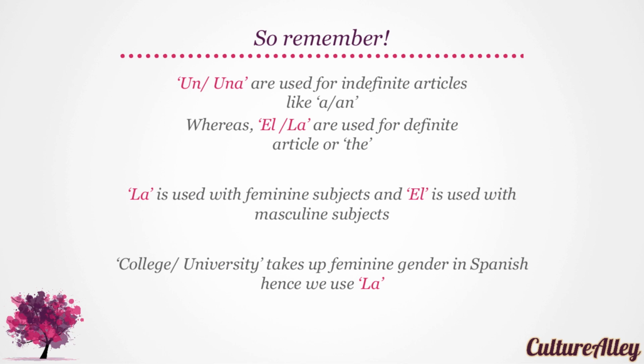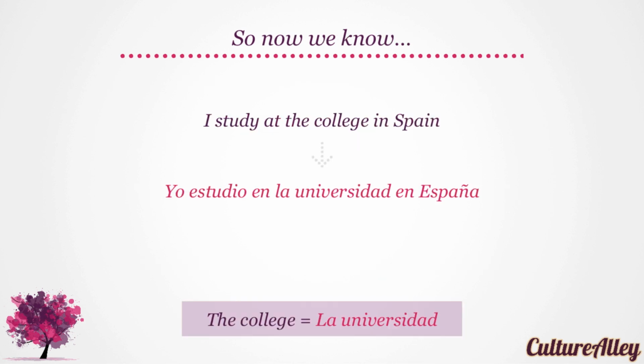La is used with feminine subjects and el is used with masculine subjects. College or university takes up feminine gender in Spanish, hence we use la. So now we know, I study at the college in Spain translates to yo estudio en la universidad en España, where the college becomes la universidad.